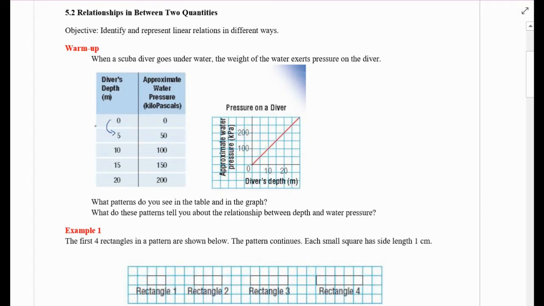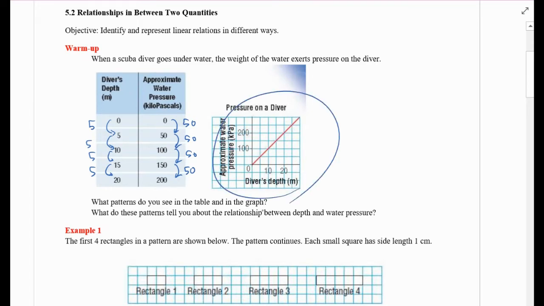So every time the depth increases by 5, the pressure increases by 50. Alright? So if you draw a graph, it shows a linear pattern, a linear relation. Okay? So what pattern do you see in the table and in the graph?